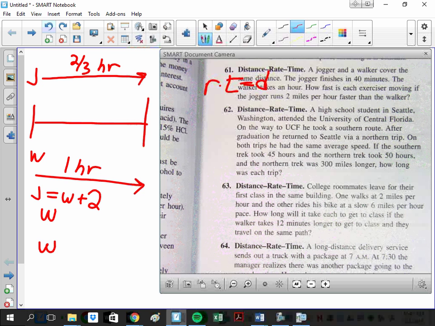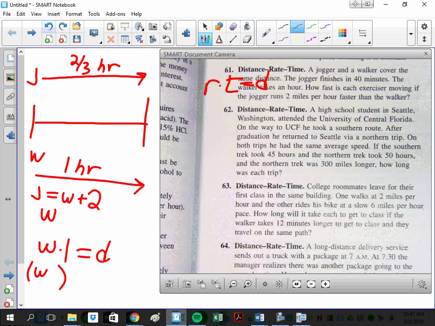W travels for 1 hour to cover the distance. But the jogger covers that same distance going how fast? W plus 2 times 2/3 equals distance, and we still have too many variables.